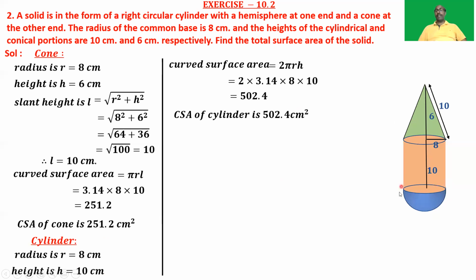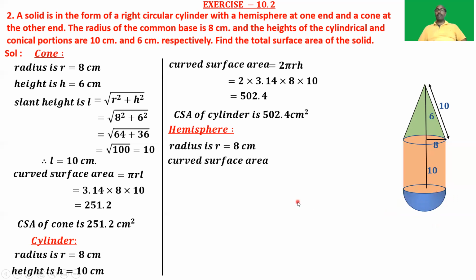And the remaining one is the hemisphere. So take the hemisphere here. The radius of the hemisphere is 8 centimeters, because the radius of the cone, cylinder and hemisphere are all 8 centimeter.